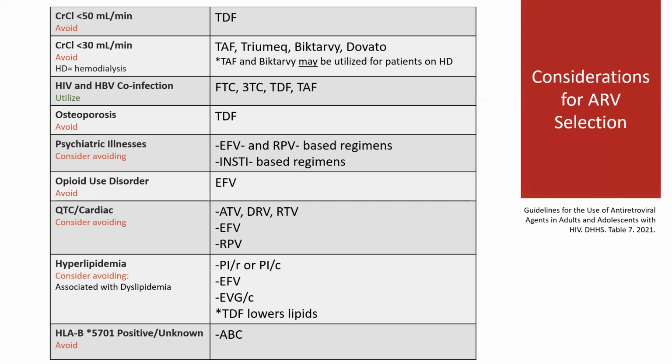So our protease inhibitors either boosted with ritonavir or cobicistat, efavirenz, or elvitegravir boosted with cobicistat. And then just as a reminder, TDF can actually lower lipids. And then again, abacavir, making sure we have that HLA-B*5701 allele testing available, and it should not be indicated in patients who have a positive HLA or if it's unknown.